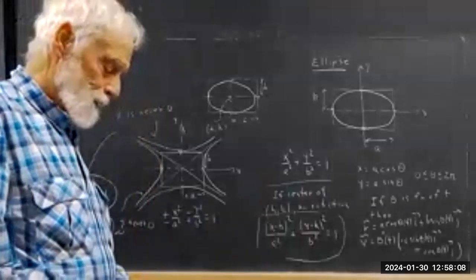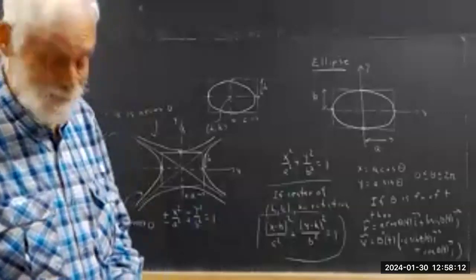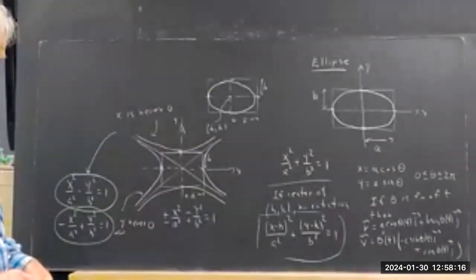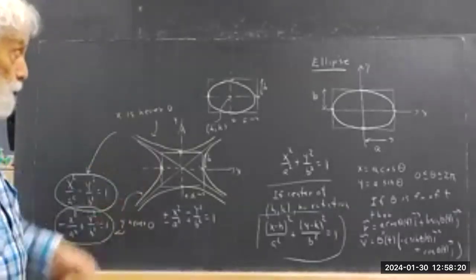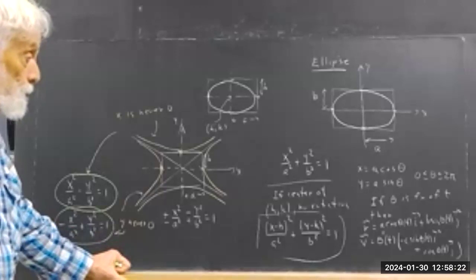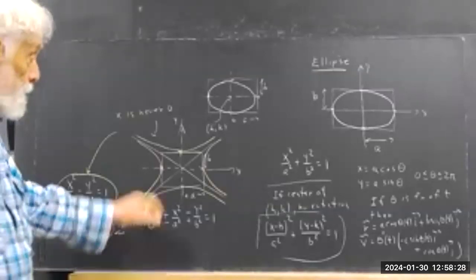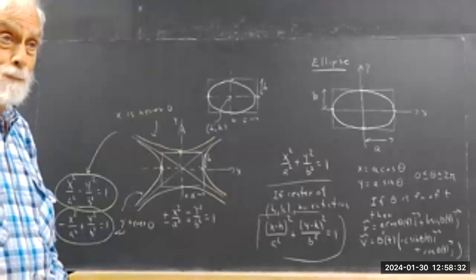I once knew a whole lot about complex variables, so I probably could teach you how to do that in a year. Y'all are really bright, but we don't take time to do that. So there it is, hyperbola.